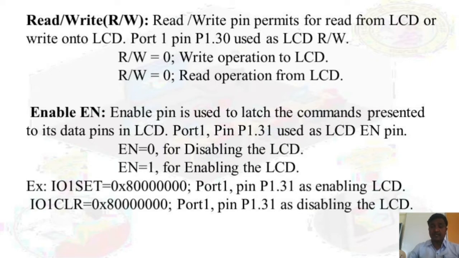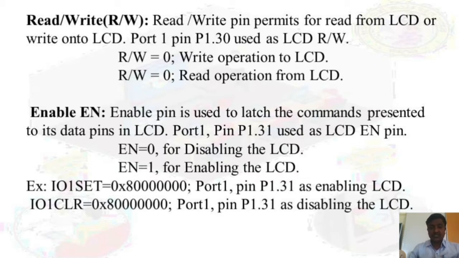Then the last pin, the enable pin. The enable pin is used to latch the commands or data present at the data pins in the LCD. Port 1 pin P1.31 is used as the LCD enable pin. Enable EN equal to 0, that is port P1.31 set to 0, disables the LCD. Enable equal to 1 enables the LCD.